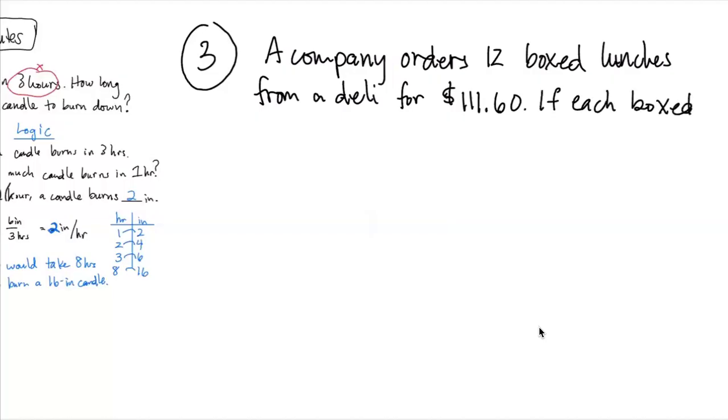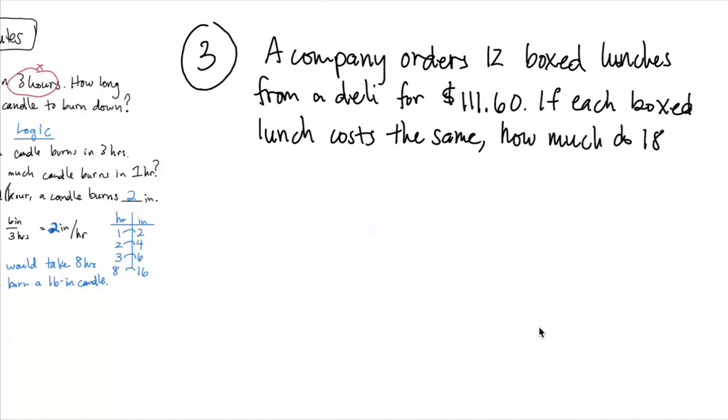If each box lunch costs the same, how much do 18 box lunches cost? A company orders 12 box lunches from a deli for $111.60. If each box lunch costs the same, how much do 18 box lunches cost?